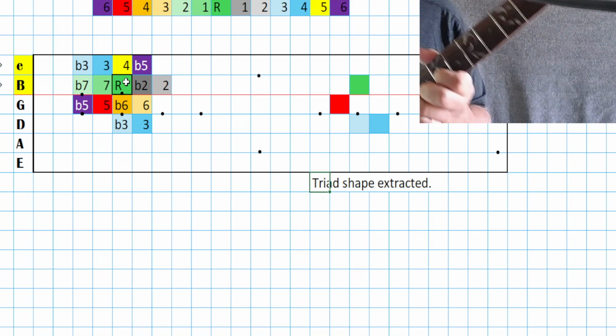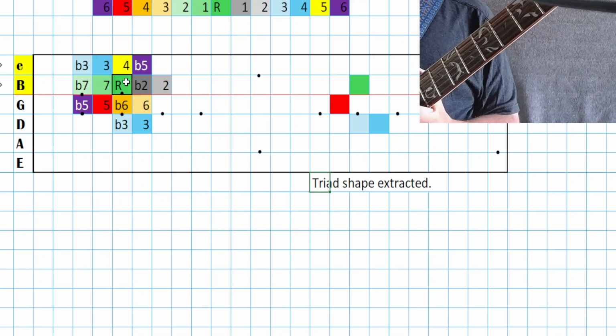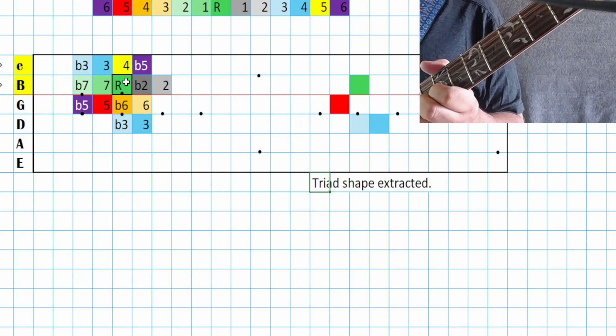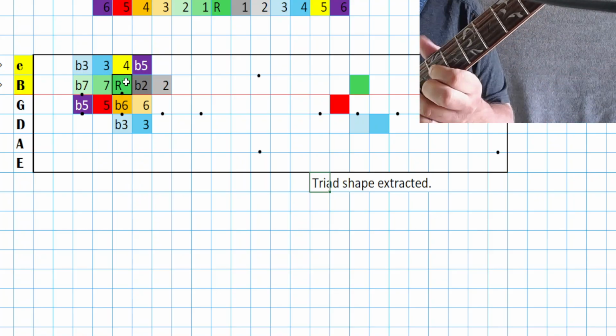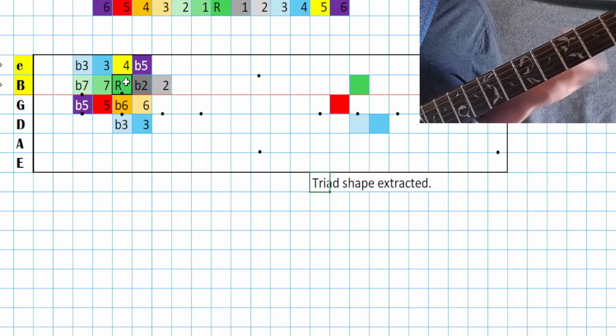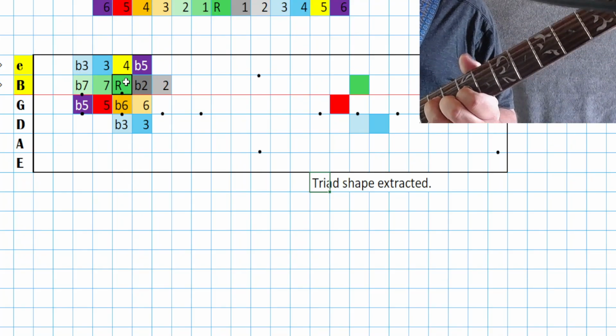So let's try this. We got a G, and we know we're going to B major. But where's the B? I don't know where my B note is. I'm kind of fuzzy on note names, but here's what I do know. I'm going a major third. Wait, so there's my root.